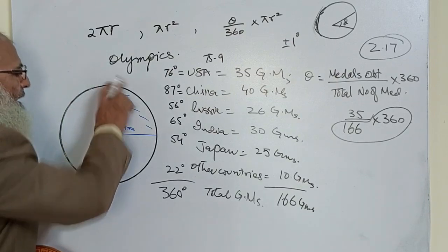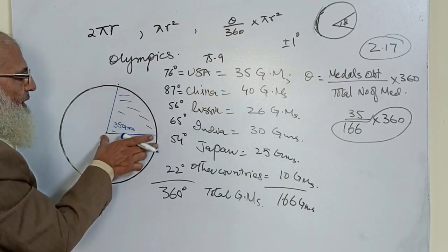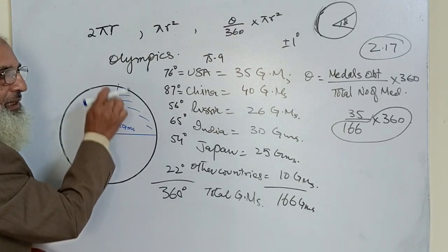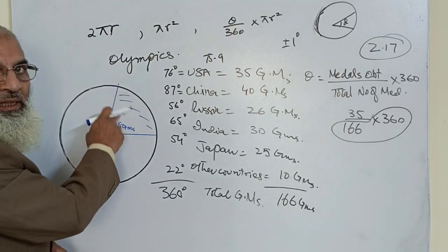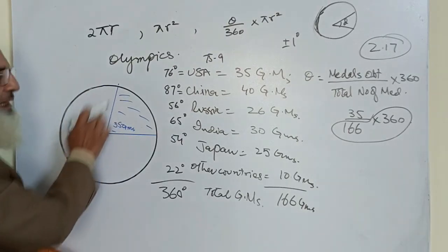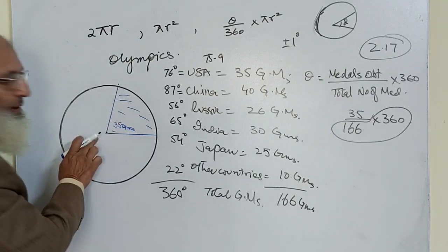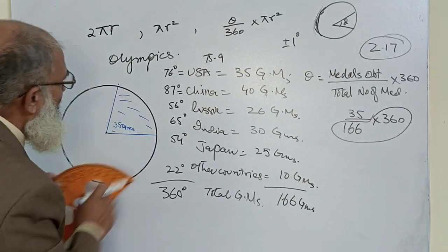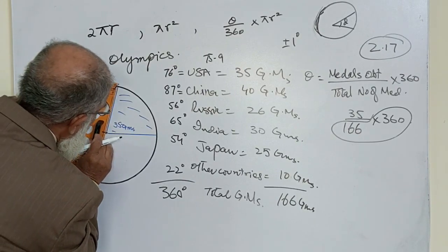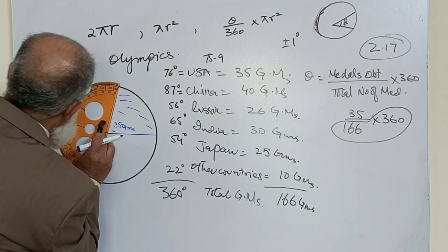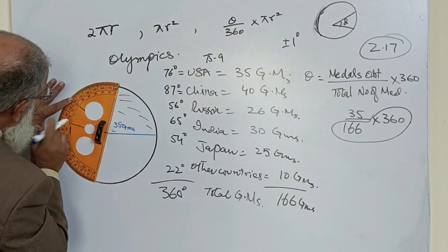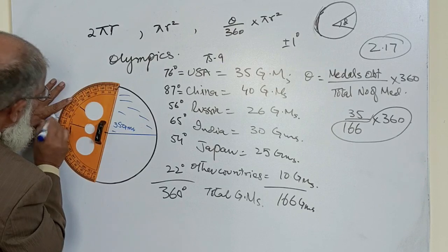Since this is the tail of this angle, I will consider it as the head of the next angle and I'll start the next angle from this line. Now this is the baseline for the next angle. This is 87 degree.